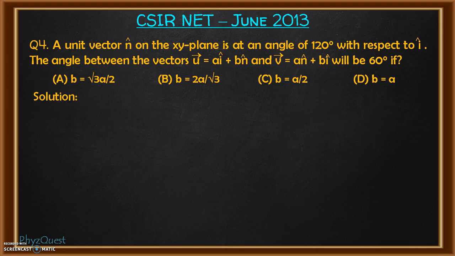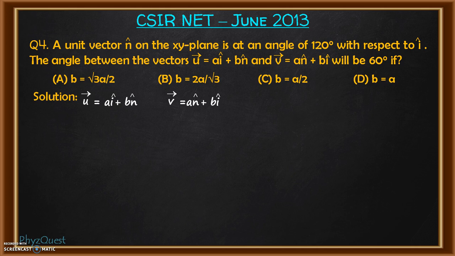So here there are two unit vectors n cap and i cap and the angle between them is 120 degree. Now two vectors u and v are constructed using these two unit vectors. Vector u is a i cap plus b n cap and vector v is a n cap plus b i cap.